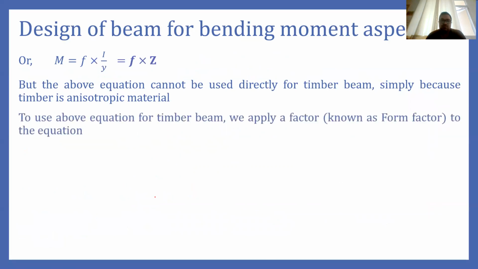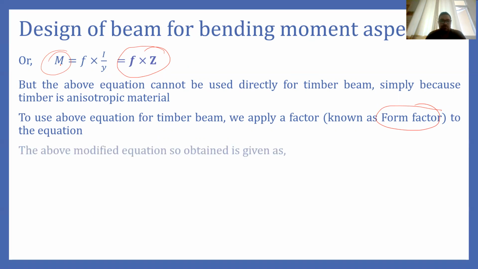In the modification, generally what we do is we apply a factor to this equation, and that factor is known as the form factor. We will multiply this equation with the form factor, and then only we will be able to find out the value of M for a timber beam. So the form factor becomes very important in this case.